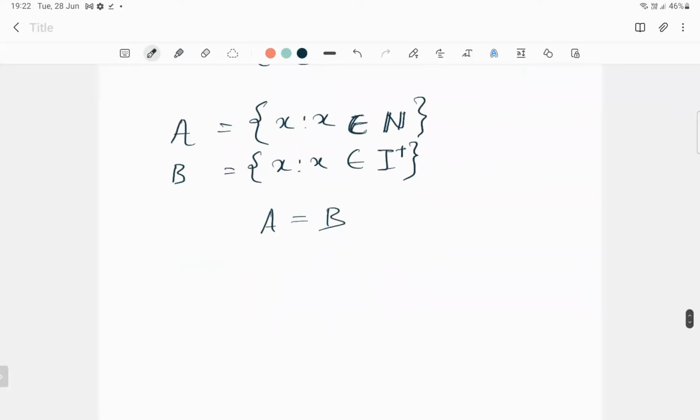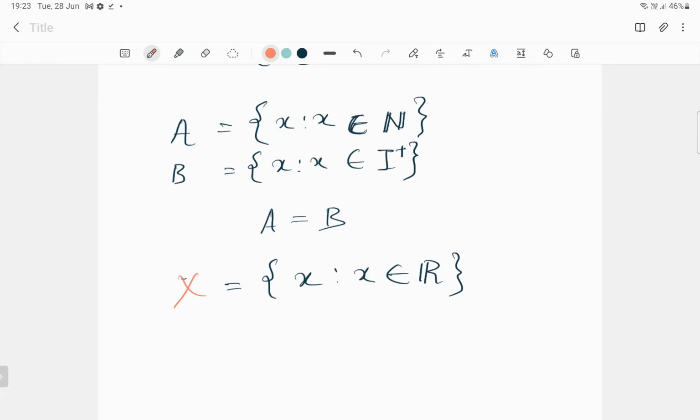Now subset. Somewhere in books you can also see that integers are represented by Z. It doesn't matter, this is just for understanding. You can write anything you want. Let's not write Z, let's use capital X. Now capital X is such that X belongs to real numbers, all real numbers.